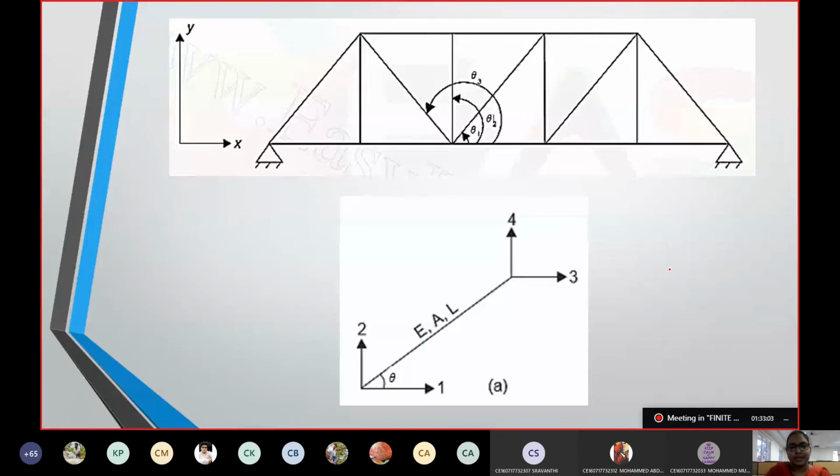From the next slide, whenever I put a picture of the element, depending upon individual coordinate, make sure you take down the picture first. I'll give you time to note down the values of the stiffness matrix, but note down the picture.